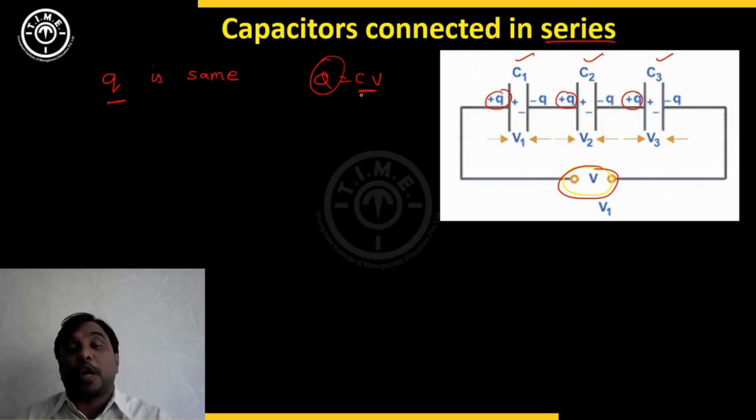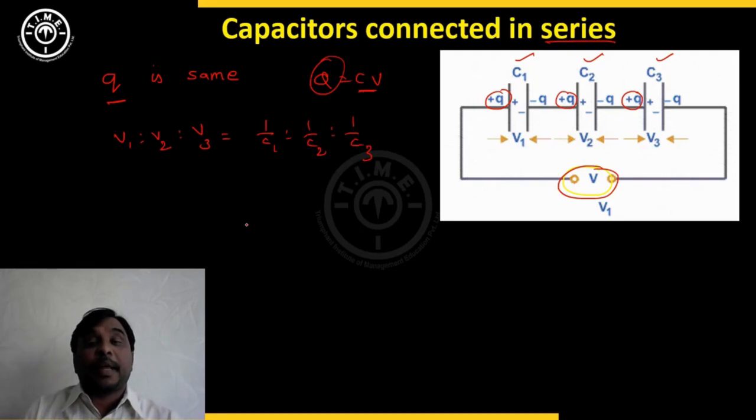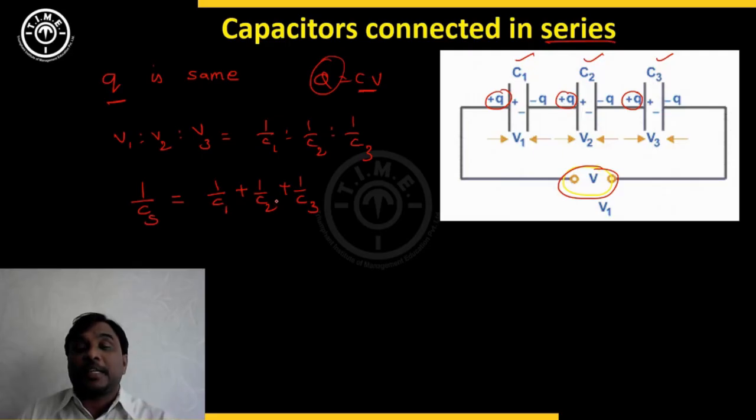Now the charge is the same, so consider the potential drop across each capacitor. V1 : V2 : V3 are in the ratio of the reciprocals of their capacitances. Now what is the effective capacitance? 1 by Cs is equal to 1 by C1 plus 1 by C2 plus 1 by C3. This is the way to calculate effective capacitance when they are connected in series.